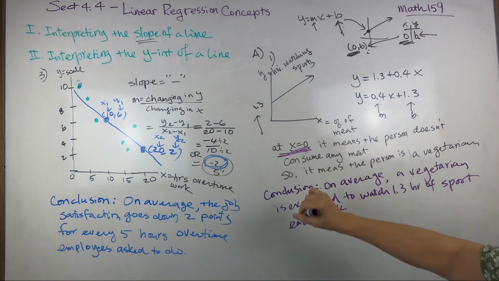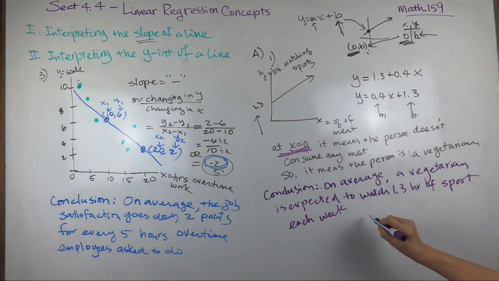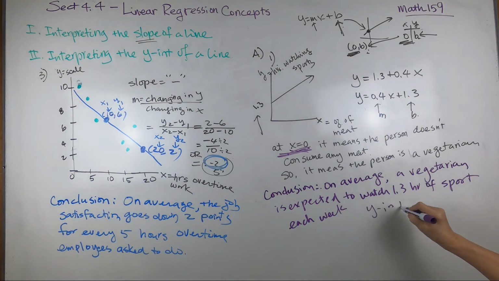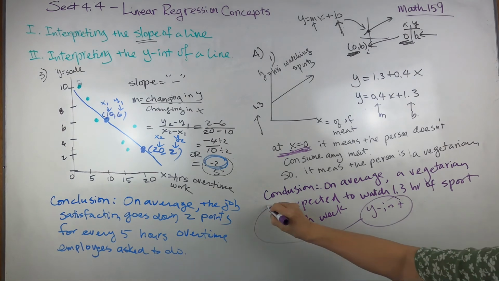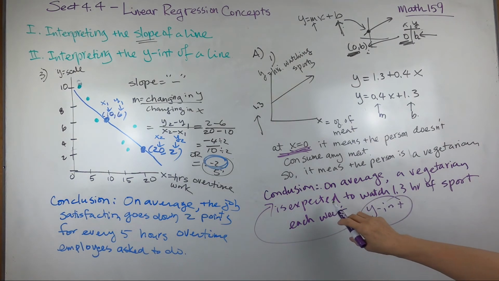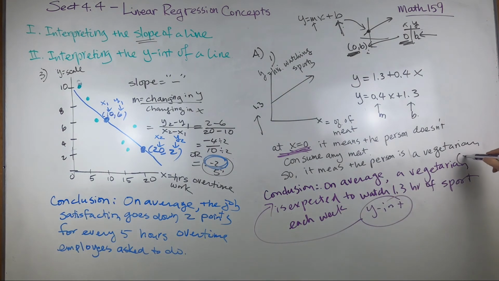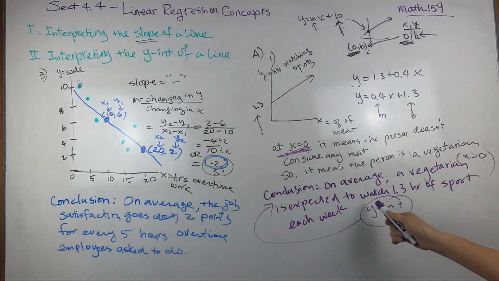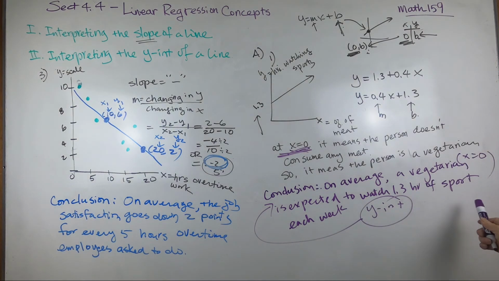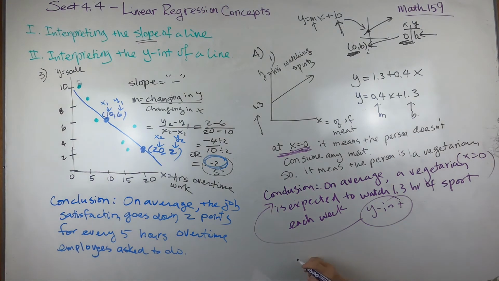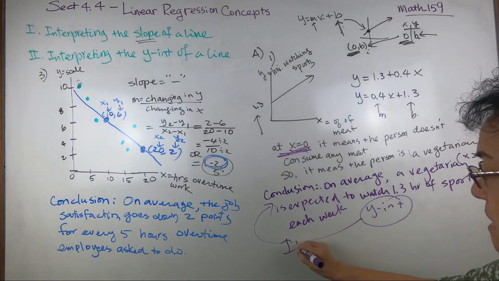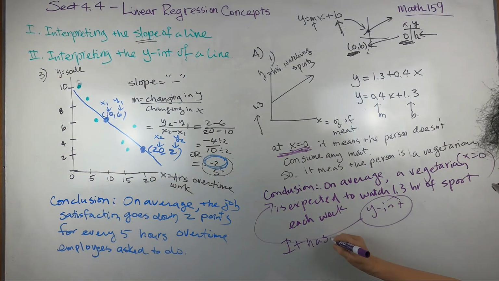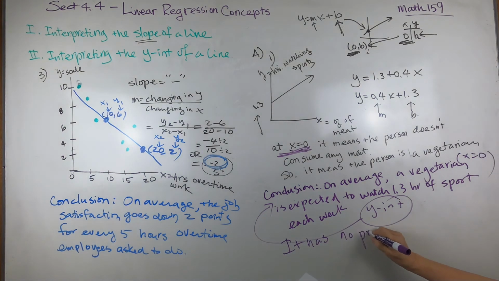So according to this graph, the y-intercept means on average a vegetarian, x equals 0, is expected to watch 1.3 hours each week. So it doesn't make much sense. No practical meaning.